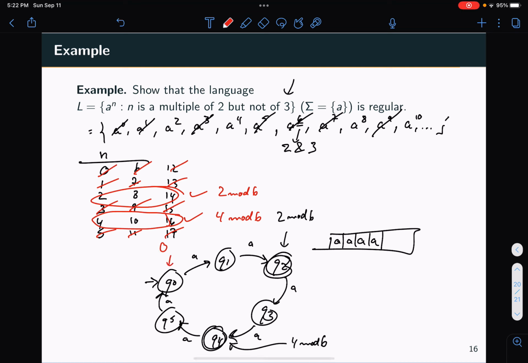Q0 is going to play the role of 0 mod 6. Q1 is going to play the role of 1 mod 6. Q3 is going to play the role of 3 mod 6. And Q5 is going to play the role of 5 mod 6. And so we see that within modulo 6, the only integers that are going to be accepted are the ones that, once you divide by 6, have remainder 2 or 4. And those are exactly the states that I've made final states.